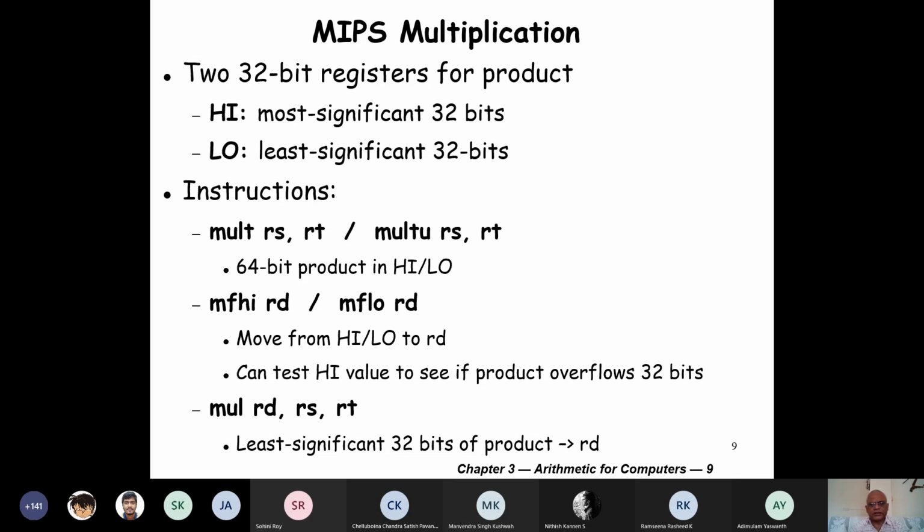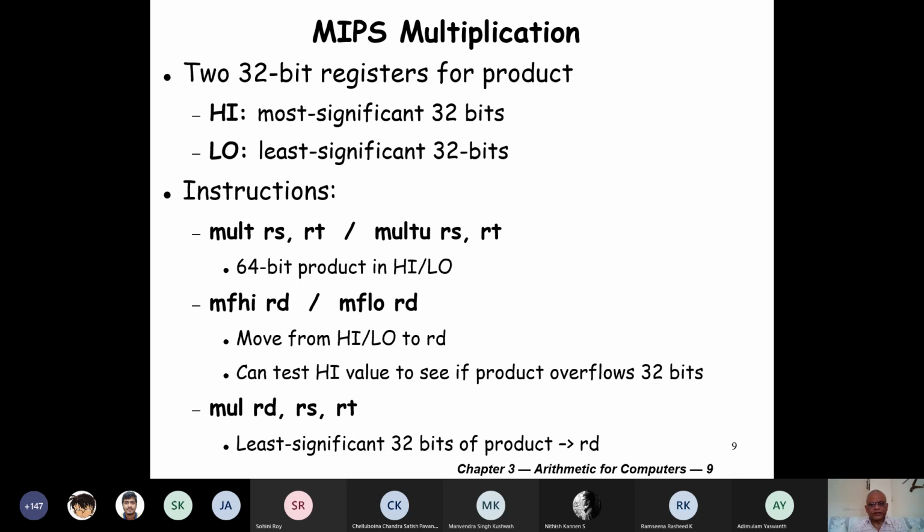Once we form the result after multiplication, we can get them. If we need the upper 32 bits, we will write MFHI, move from high, to RD, some destination register. If we need the lower 32 bits, we will write MFLO, move from low, RD.